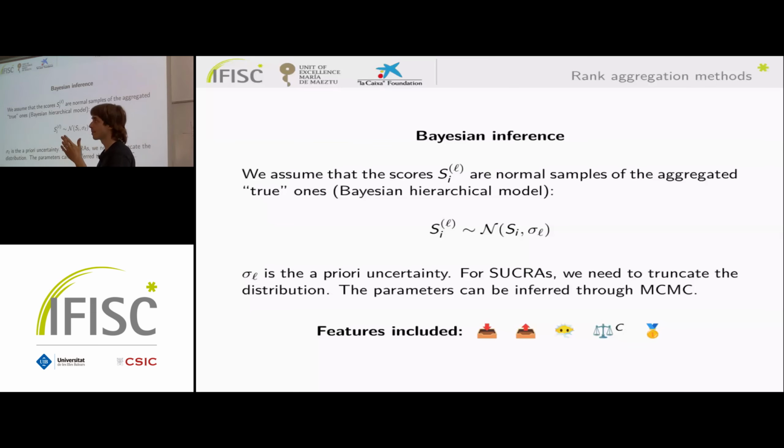For example, we're assuming that the true ranking of Star Wars is 8, so that all the ratings that you put are Gaussian samples from this 8. And then we do Bayesian inference to calculate these true scores here. And for sucra, of course, we need to truncate the distribution because sucra is from 0 to 1. But this is the method.